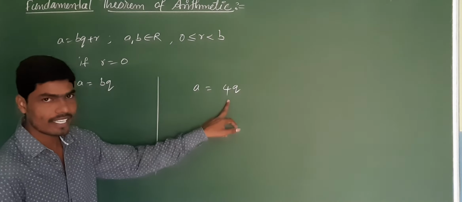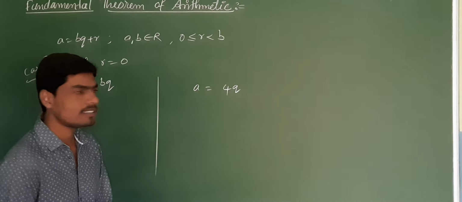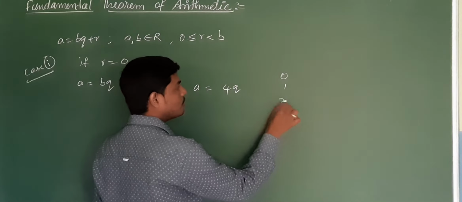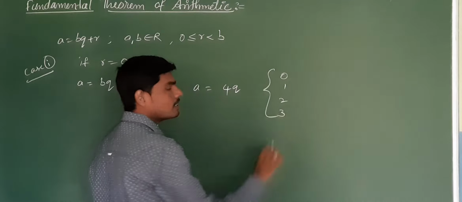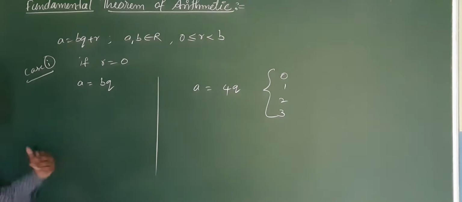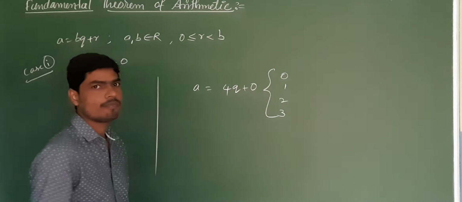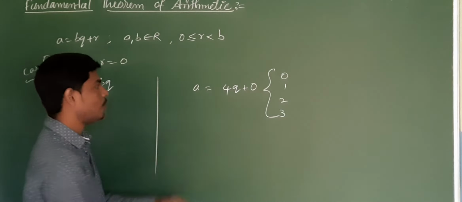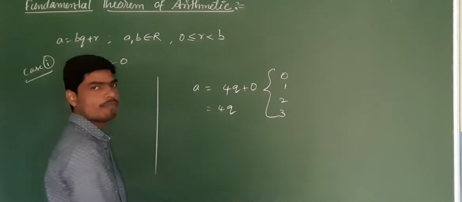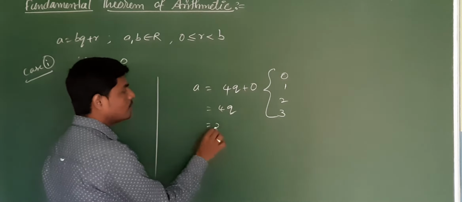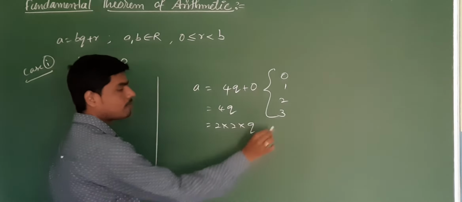If 4 is the divisor, what are the possible remainders? 0, 1, 2, 3. These are the possibilities. But in case 1, if the remainder is 0, that means 4q + 0 is 4q. And this 4q you can write as 2 × 2 × q.